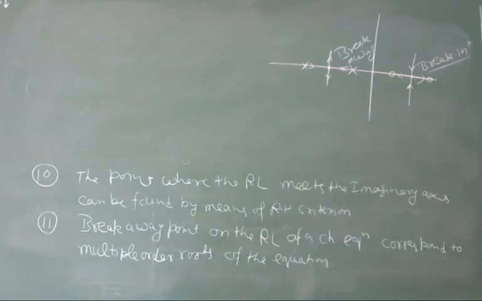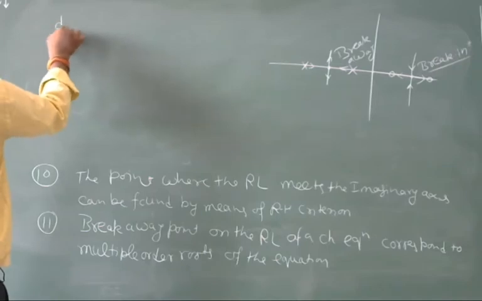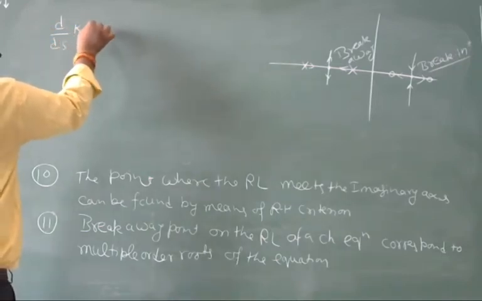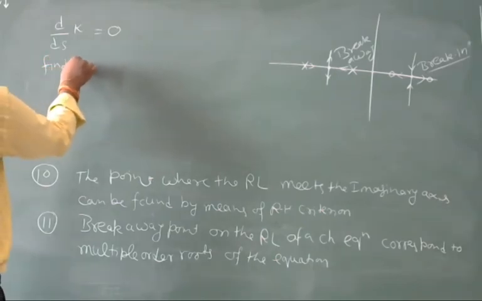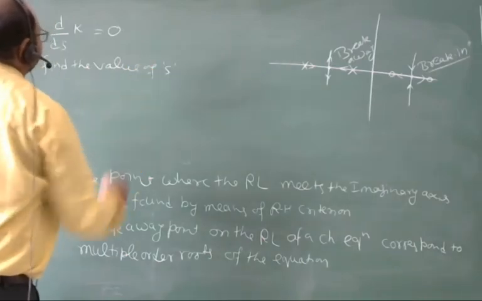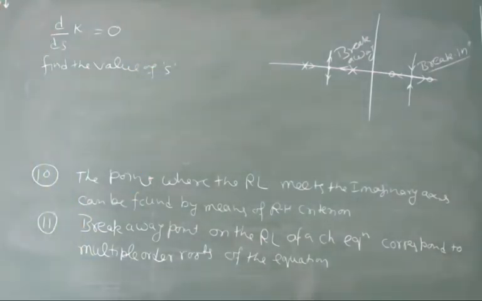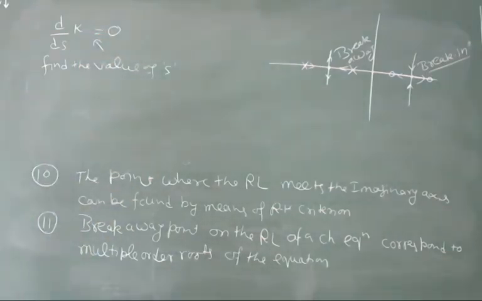To find the breakaway or break-in point, we have to calculate dK/ds and put this equal to 0, and find the value of s which satisfies this equation.